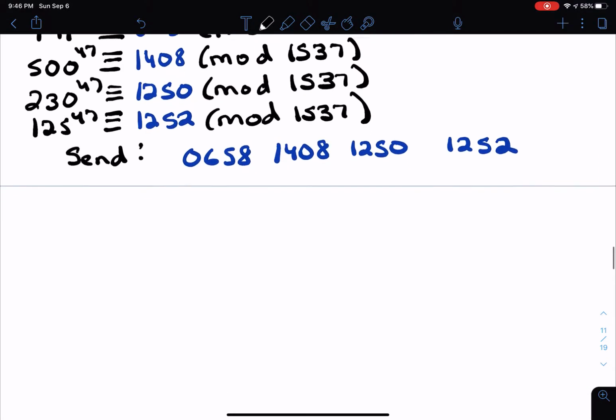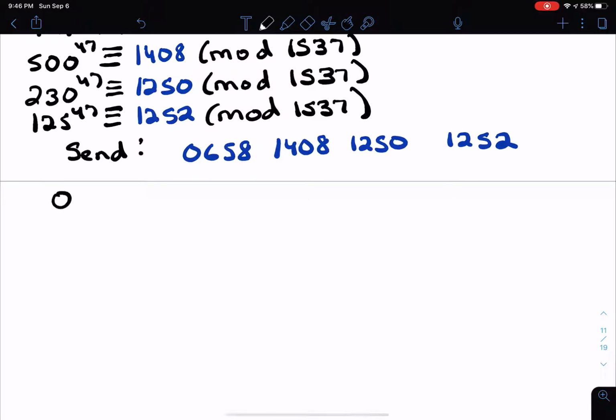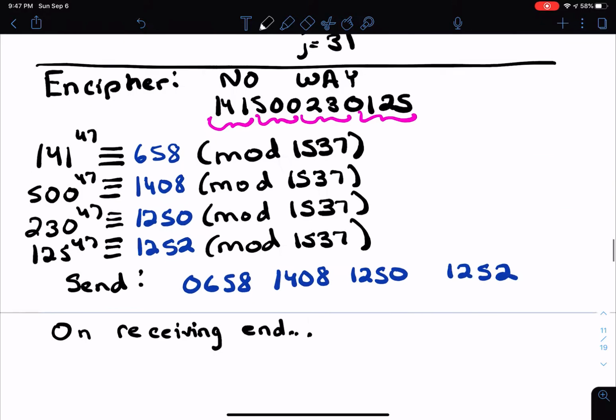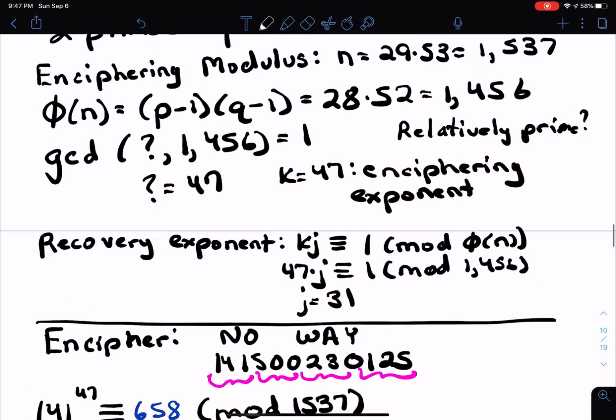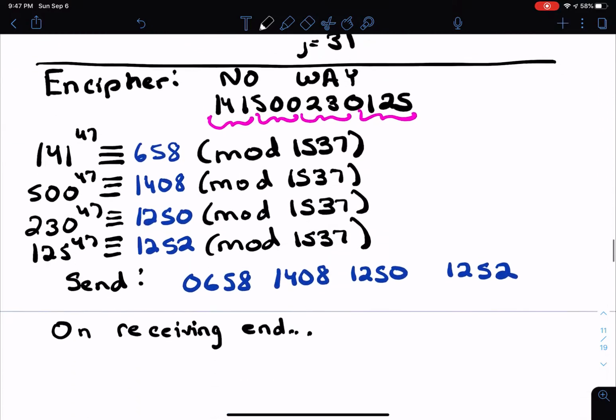The person on the receiving end would take what they just got and use the recovery exponent. Up here, this recovery exponent of 31, that J, they would use that.